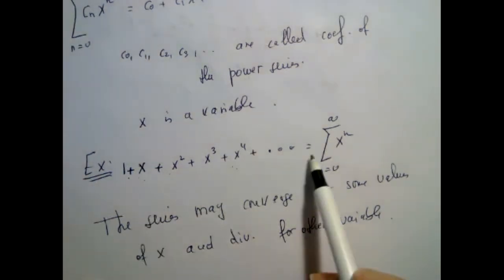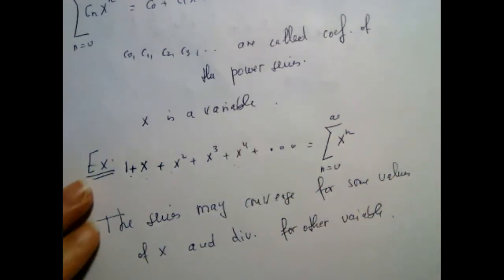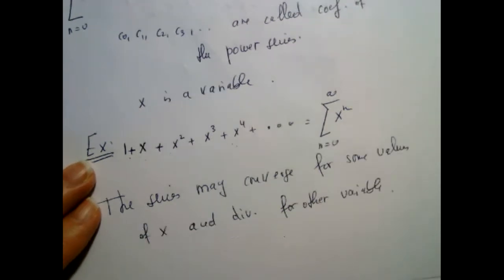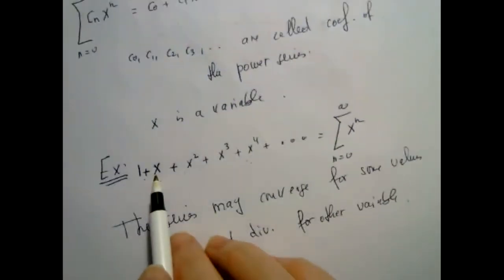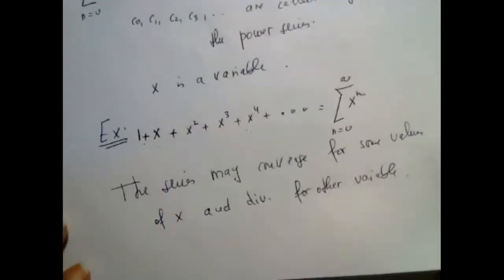So there are some values of x I can plug in here and I get convergence, and some values of x I plug in here and the series diverges. So I'm going to ask you a very simple question. Who can give me a value of x for which the series converges?